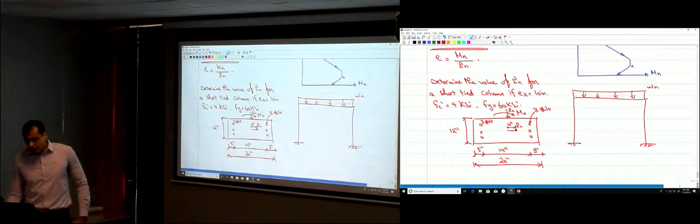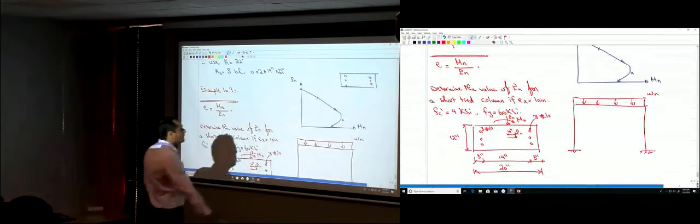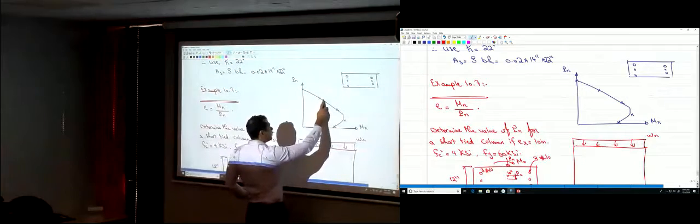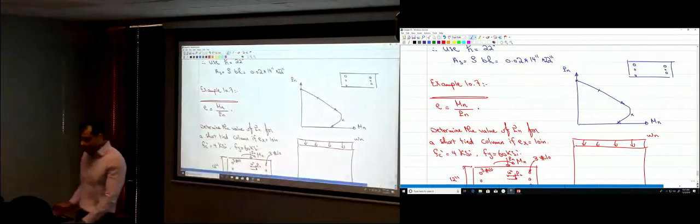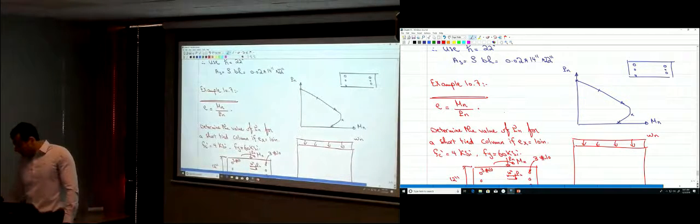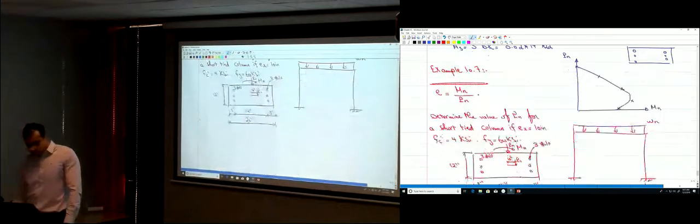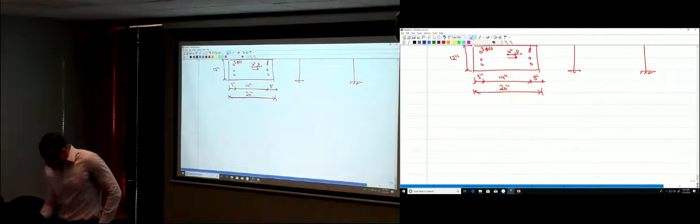You just have the interaction diagram, and you just need to find one point where the eccentricity is 10 inches. So let's go ahead and see what we have on this interaction diagram.